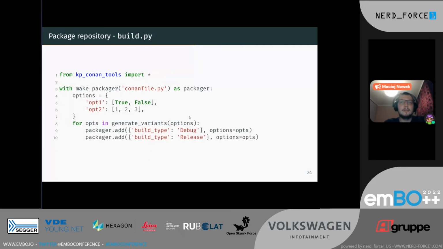BuildPy is a Python script that is responsible for building different combinations of packages. It is built on top of Conan package tools, which provides a Python API for building packages.